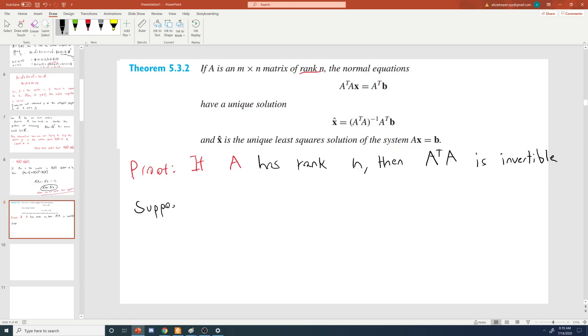Suppose that A transpose A times z is equal to 0.